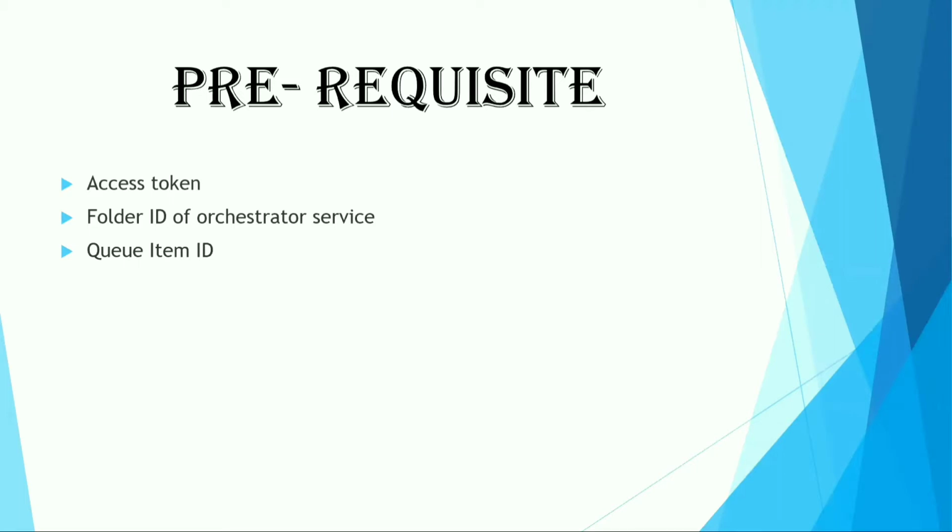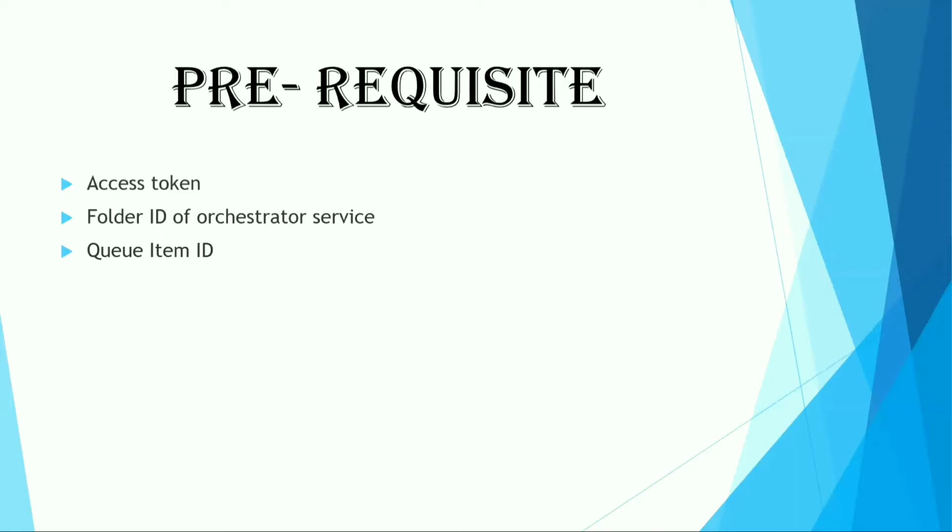The prerequisites to update or edit the queue item data are the access token, folder ID, and queue item ID. I have already shown you how we can get the access token and folder ID in part 2 of the series. You can watch that video if you have not watched it.